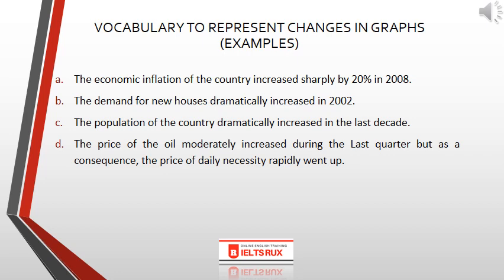The fourth one is moderately increased, means the changes are not so much, but it has increased moderately during the last quarter. Again you are showing the time over here, the last quarter, but as a consequence, the daily necessity rapidly went up. It's like a sudden hike, so you are expressing that it rapidly went up.